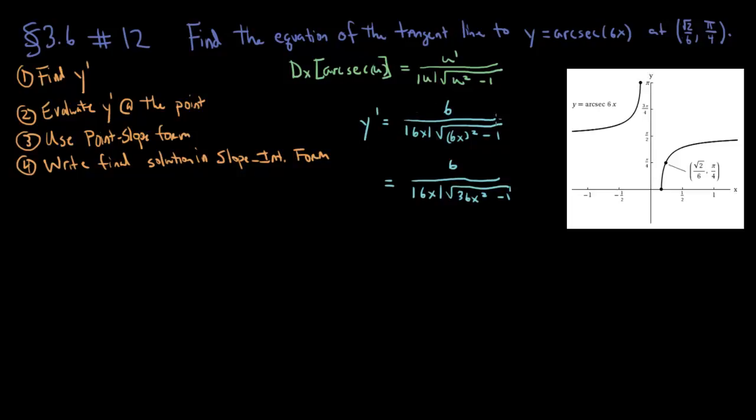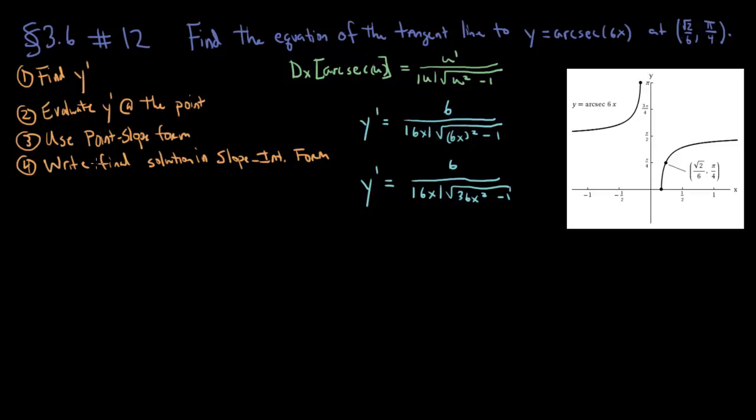Okay? Now, that is the derivative, that's y prime, but that's not all we're after here. We need to evaluate, by step 2, evaluate y prime at the given point. Now, this function was explicitly defined, so the derivative has only x's in there, so we only need to evaluate the derivative at the x term, root 2 over 6.